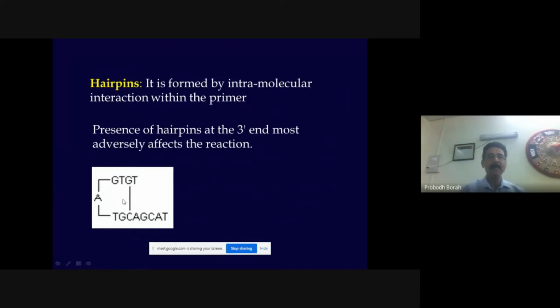Then the single-stranded primer will not be available for actual annealing to the template. So this kind of hairpin formation should be avoided. How can we avoid it? We should ensure that there is no complementary sequence between the two ends of the primer, particularly complementary sequences of 3 or more nucleotides in an array containing G or C, which should be avoided.